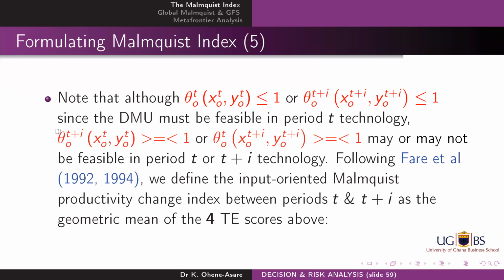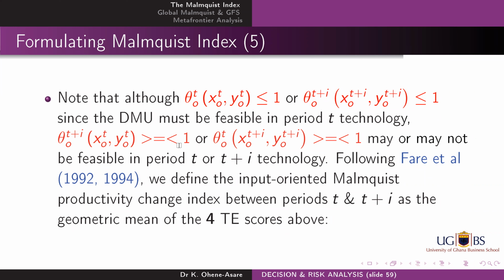But the cross period efficiencies, as we have already said, can be less than 1, equal to 1, or greater than 1. It doesn't mean they always are. If they are greater than 1, they are super efficient, and when they are super efficient, they can also be infeasible.